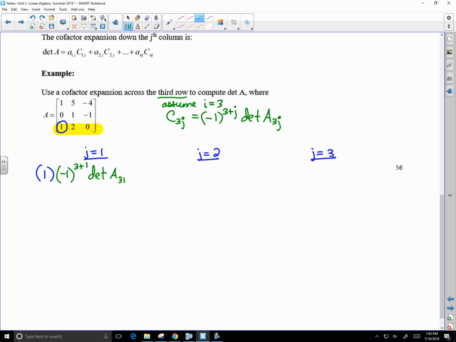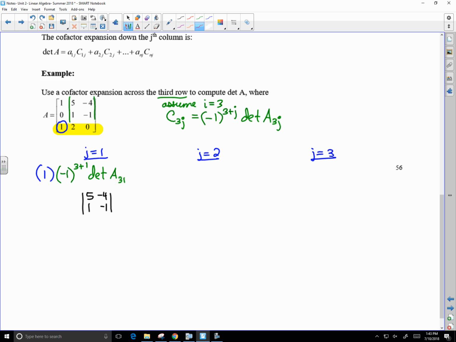So that's telling me that I need these guys. So we clean it up. It's a +1 coefficient. All that remains is the determinant of 5, -4, 1, -1. We'll get that in a minute.